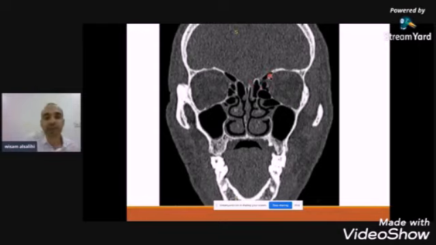If there is pneumatization above the anterior ethmoidal artery, this black cell, the artery lies in a mesentery, not in the skull base. So this artery can be injured easily in any surgery in the frontal recess.